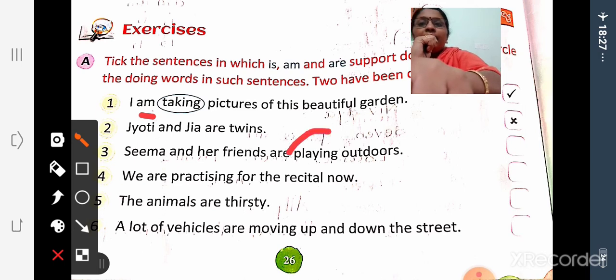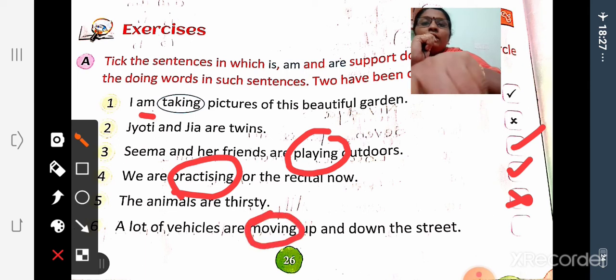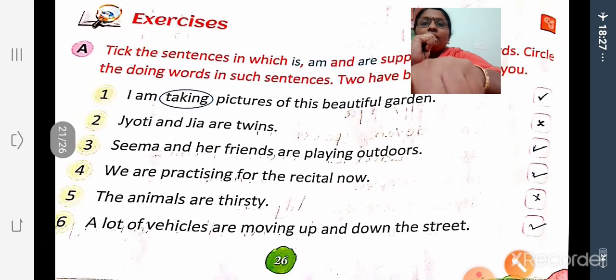So here playing is the doing word. Are is also there. So tick. We are practicing for a recital now. So practicing is the doing word. Are is there. So tick. Then the animals are thirsty. So no doing word. A lot of vehicles are moving. Are moving is there. So tick. Okay, so this is the answer.